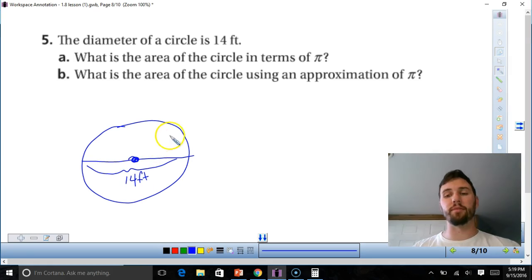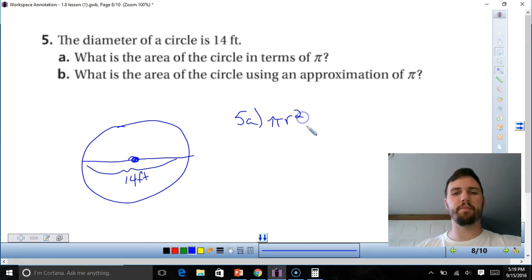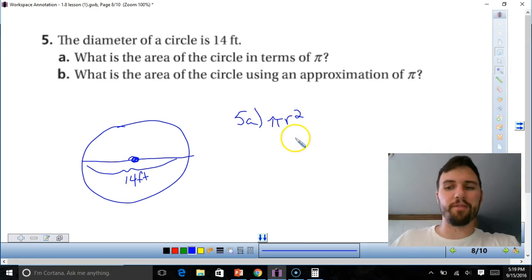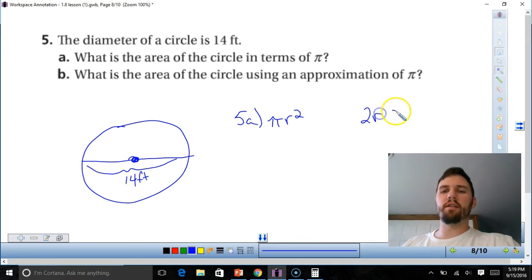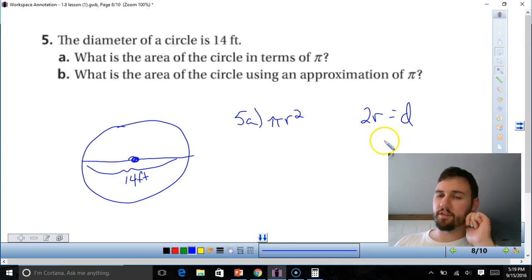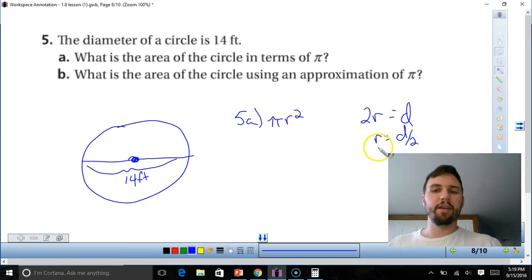What's the area in terms of pi? Our area formula is pi r squared, right? We don't have r, we have diameter. So remember, 2r equals diameter, so r is diameter over 2. We just cut it in half.